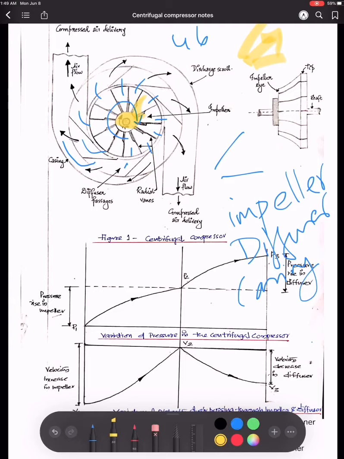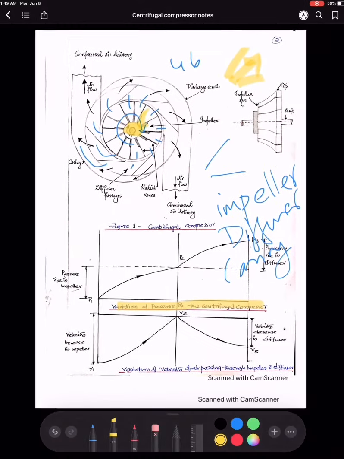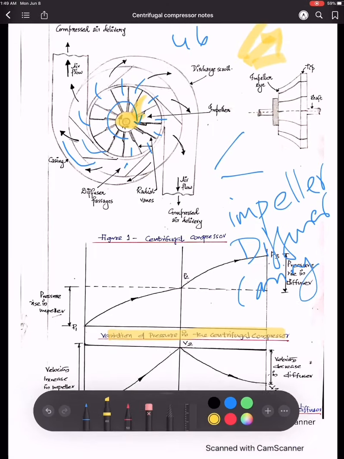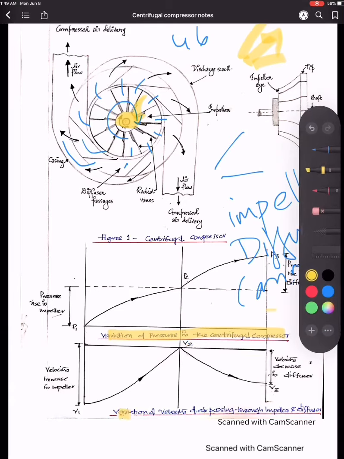Now this graph shows the variation of pressure in a centrifugal compressor and the variation of velocity of air passing through the compressor. Clear? I hope you have clearly understood the working.